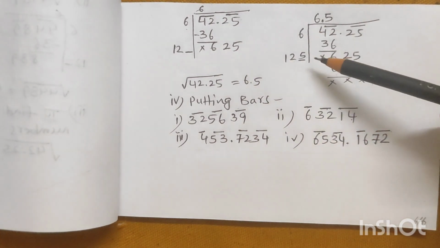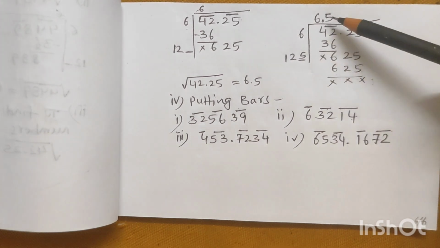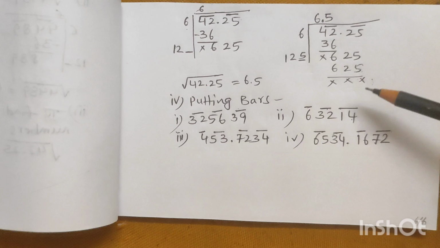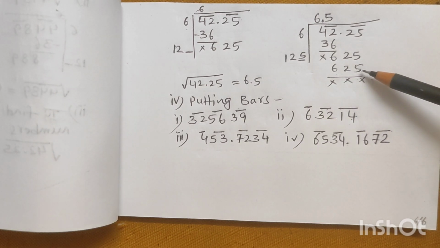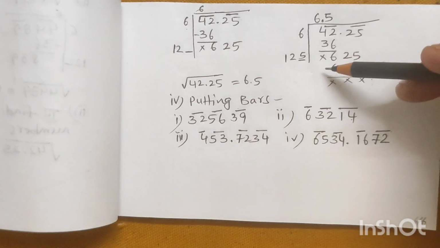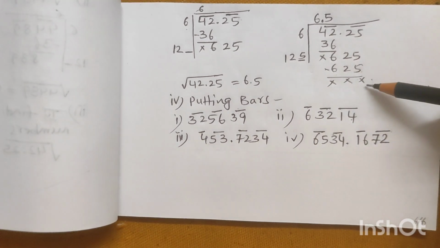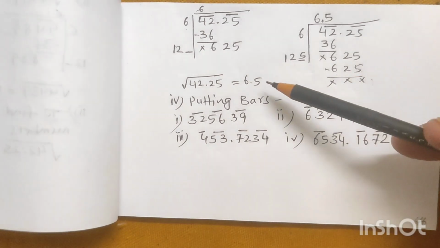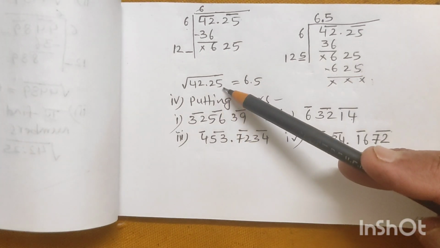See here, if we write 5 here, then product of 125 and 5 is 625. Subtracting, we get 0 remainder. So 6.5 is the square root of 42.25.